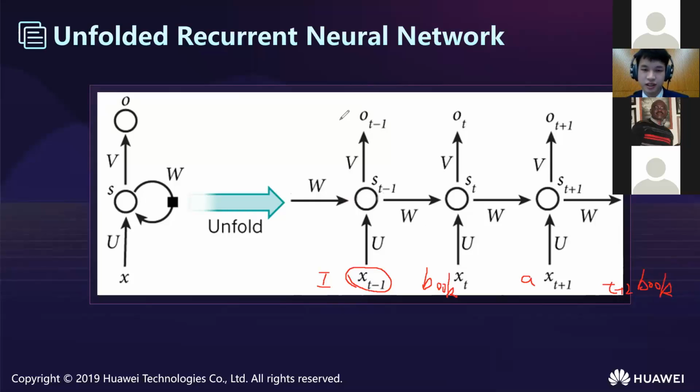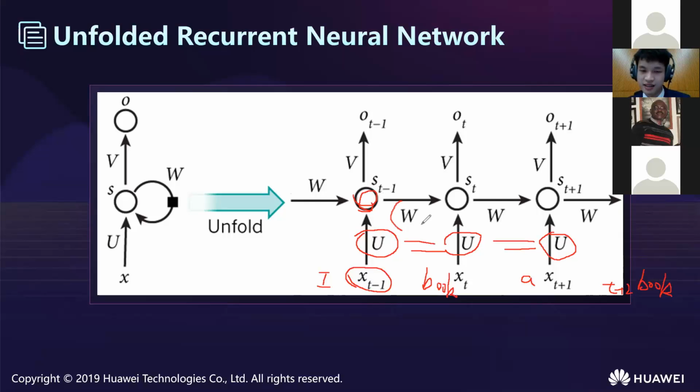Okay, so in the recurrent neural network, we have 3 different weights. The first one is called U, and the parameters are shared in all the states. So this U is equal to this U and equal to this U. And this cycle we call the memory cell, so we can store the information in the memory cell.